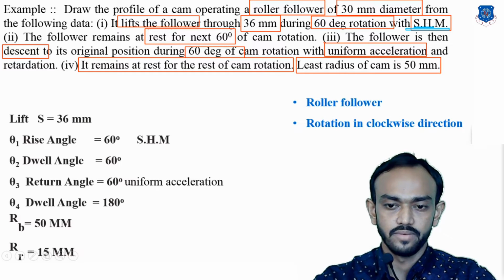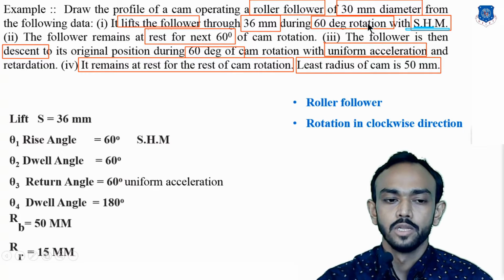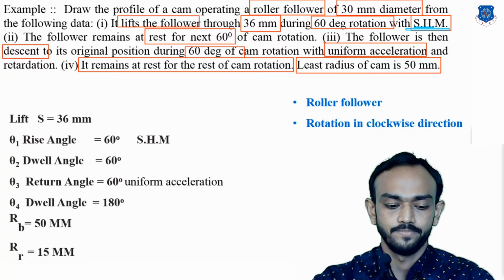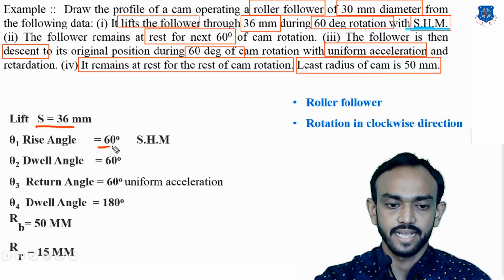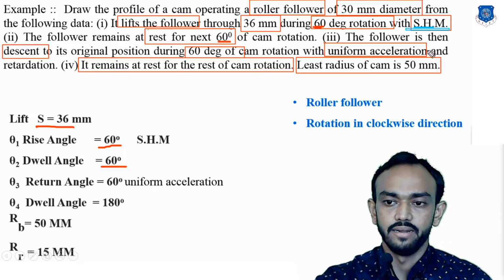Let's put the given data we have taken. First of all, lift is 36, rise angle is 60, dwell is 60, and return is 60 also.